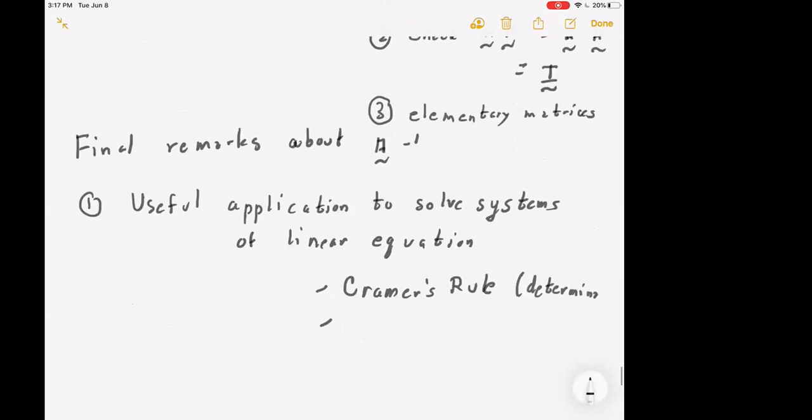And it's also limited by the fact that it only applies for systems where the number of rows equals the number of columns. The number of unknowns is equal to the number of equations. We've found a way to get past that: Gauss-Jordan elimination.